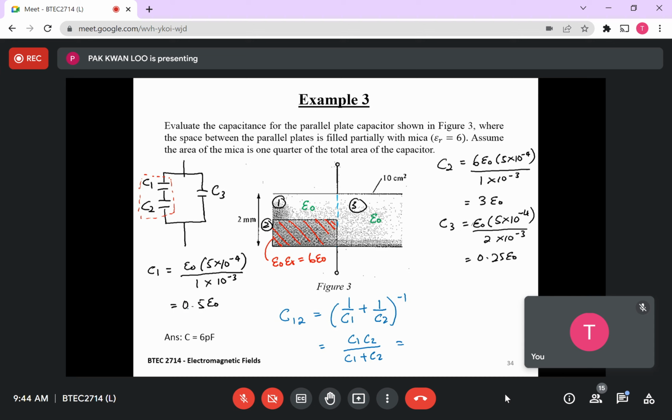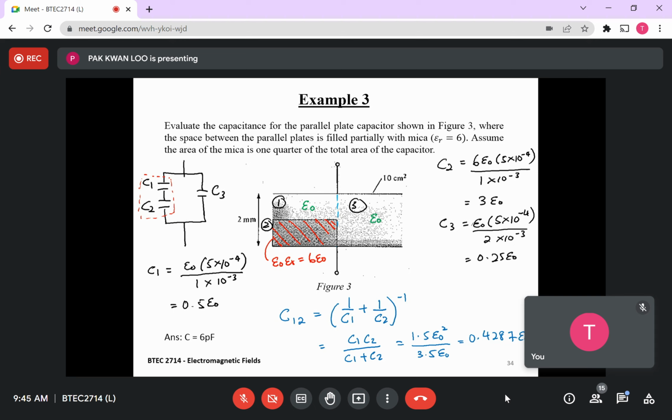So 0.5 multiplied by 3 is 1.5 epsilon naught square. C1 plus C2 is 3 plus 0.5, so 3.5 epsilon naught. So 1.5 divided by 3.5 is 0.4287 epsilon naught.